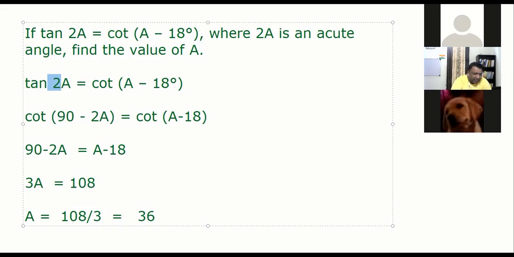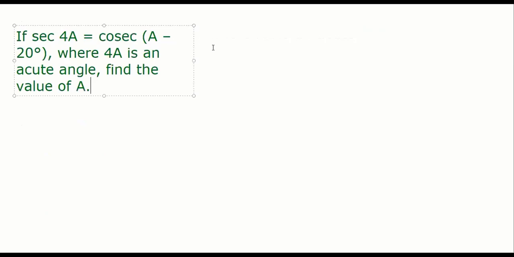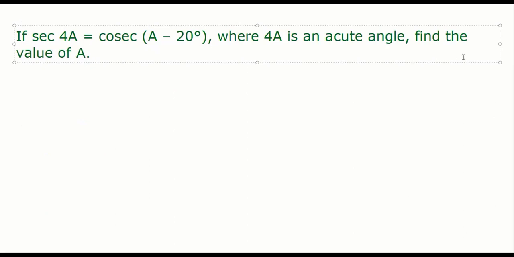Let me try the next question now. Can everybody try this one, please, and tell me the answer? If secant of 4a equal to cosec of a minus 20, 4a is an acute angle.